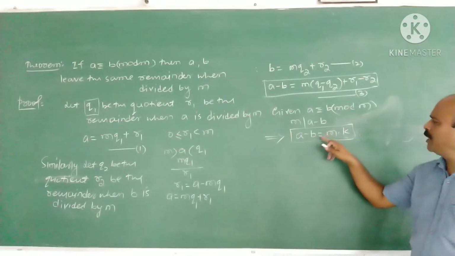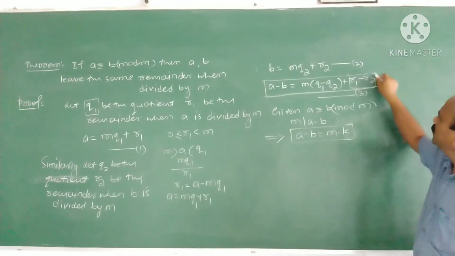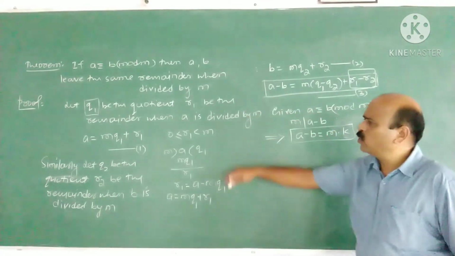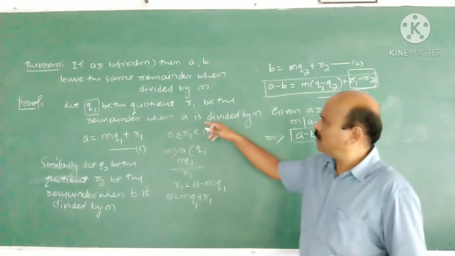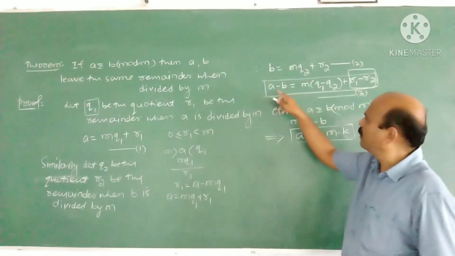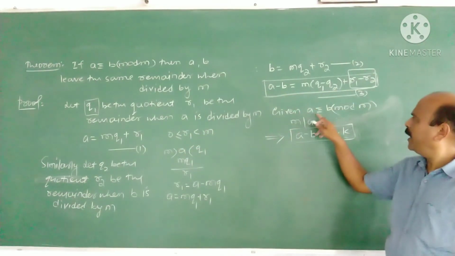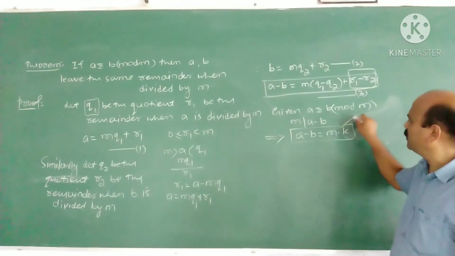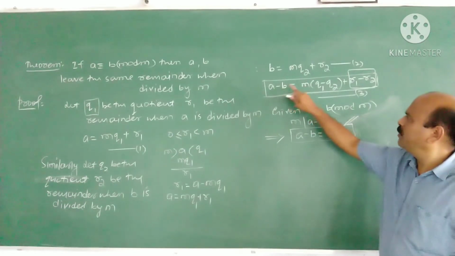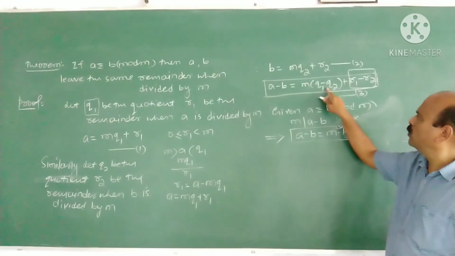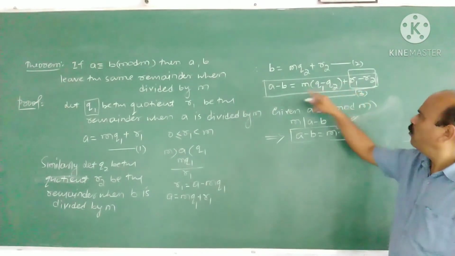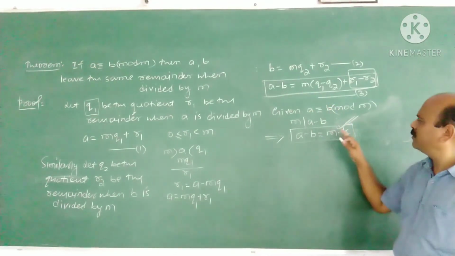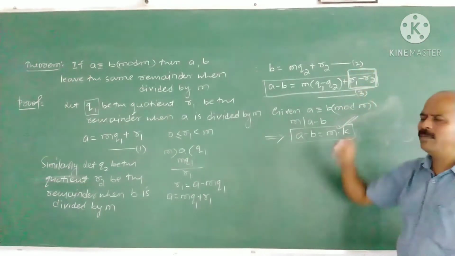Because from 1 and 2, Q1, Q2, R1, R2 are the quotients and remainders we have taken. What is given? A is congruent to B mod M, so M divides A minus B. Therefore, A minus B is M into K. This is important. A minus B becomes M into K only when R1 minus R2 is 0.